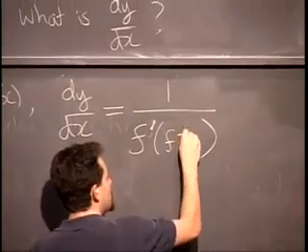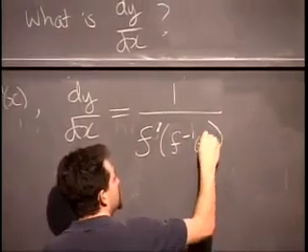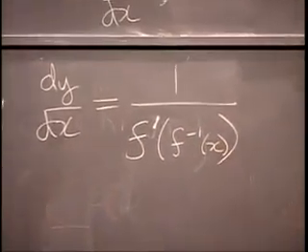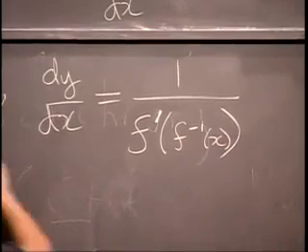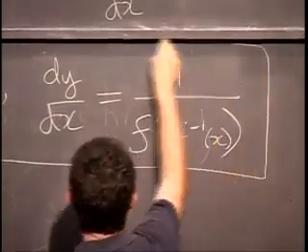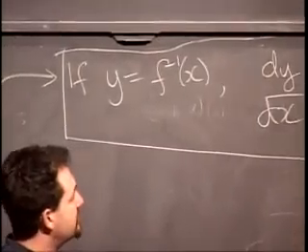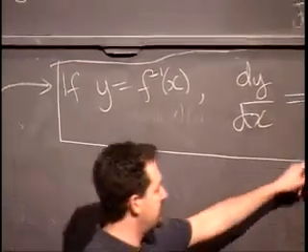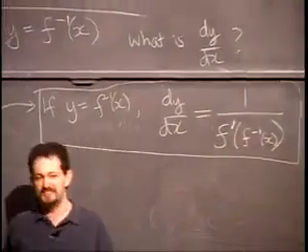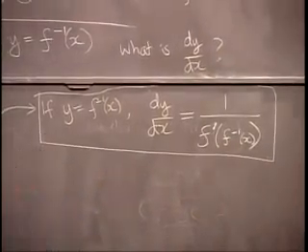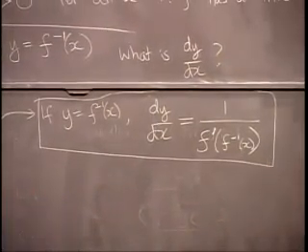So I'm going to change the y to an f inverse of x to produce this rather startling or bizarre looking formula. dy dx is 1 over f prime of f inverse of x. It's pretty mean, pretty messy, but that's what it looks like.